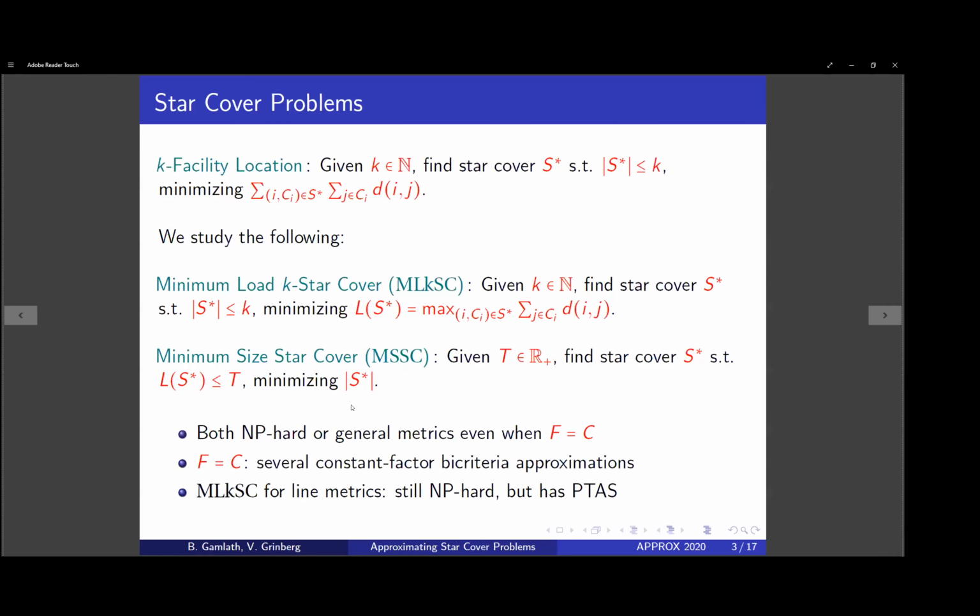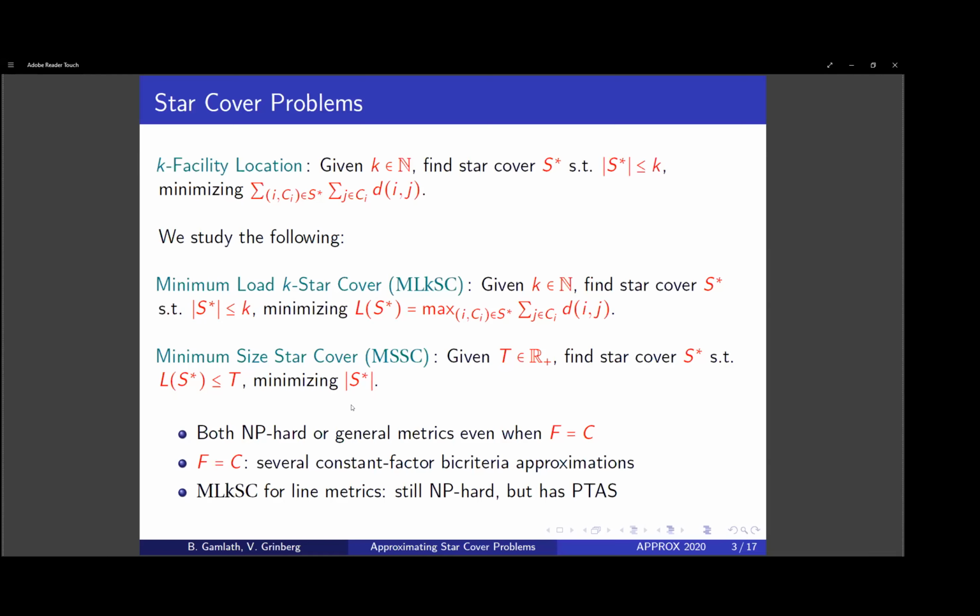Surprisingly, these problems are among the most poorly studied in the field of star cover or facility allocation problems. The most notable results, among the few known, are that they are both NP-hard, even if we allow clients to be facilities, so we allow opening a facility at any client.